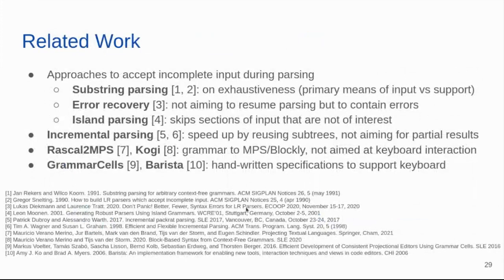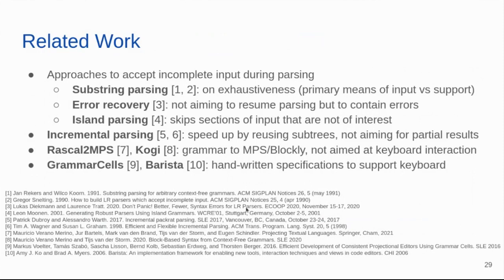All right, so considering related work, there are a couple of approaches that accept incomplete input, which are grouped here at the top. The first one, probably the most similar to our approach, is substring parsing, which has many of the same goals, except, at least the way we read it, for exhaustiveness.